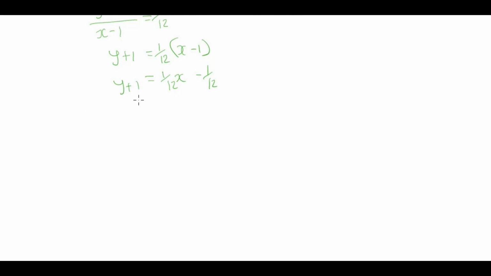So when you take 1 to the other side, it becomes y = 1/12 x − 1/12 − 1. So it will be y = 1/12 x − 1 and 1/12. This is the equation of the normal to the curve.